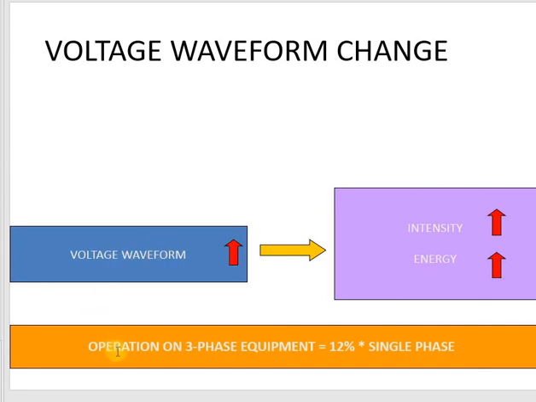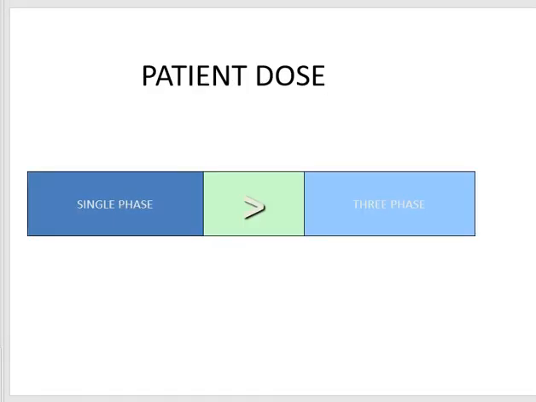As a general rule of thumb, operation on three-phase equipment is about 12% better than a single-phase power supply. Due to the higher intensity and higher penetrative power from the higher optimum energy produced by a three-phase power supply X-ray generator, we can reduce the exposure time to the patient while producing good quality diagnostic images.